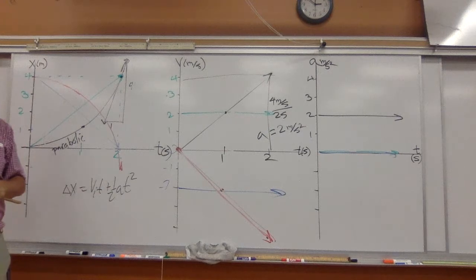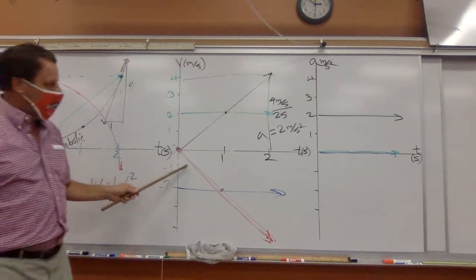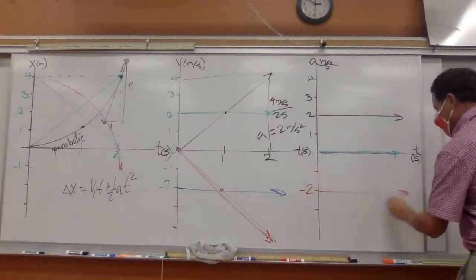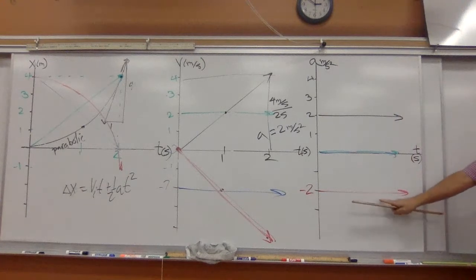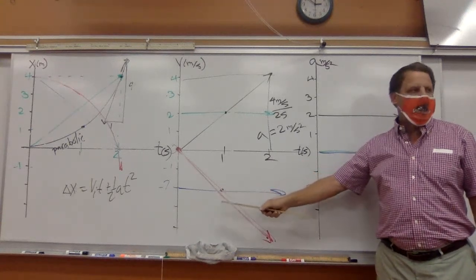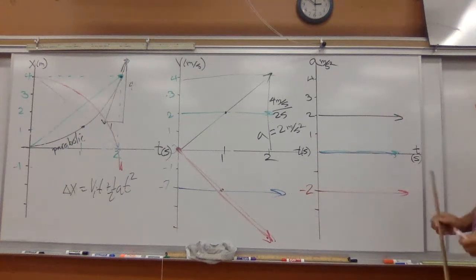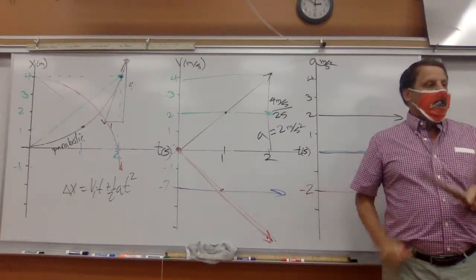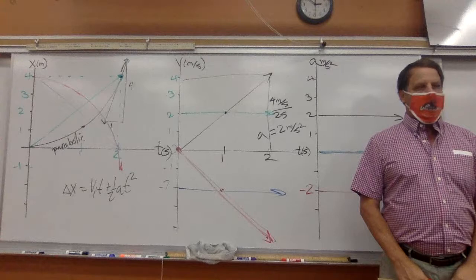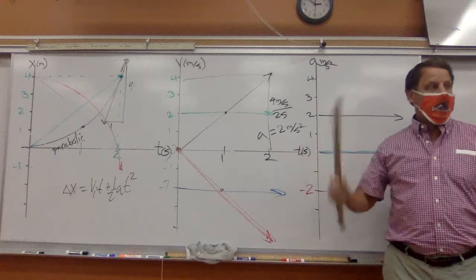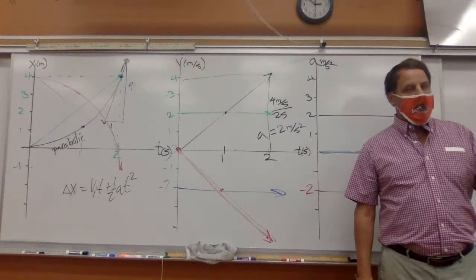If we look here and get the graph there, we're going to have an acceleration of -2, because our slope on our velocity versus time graph is equal to -2. This should give us an idea of what's going on from a position, velocity, and acceleration versus time perspective.